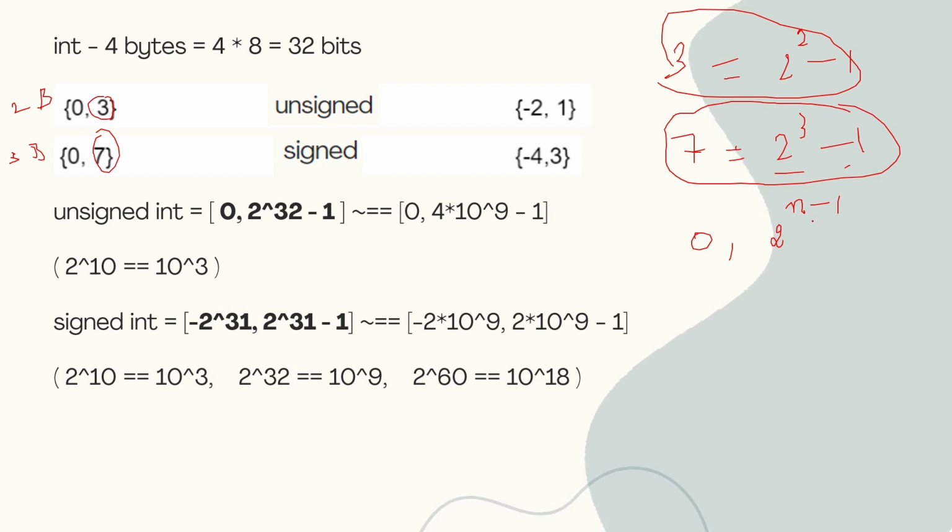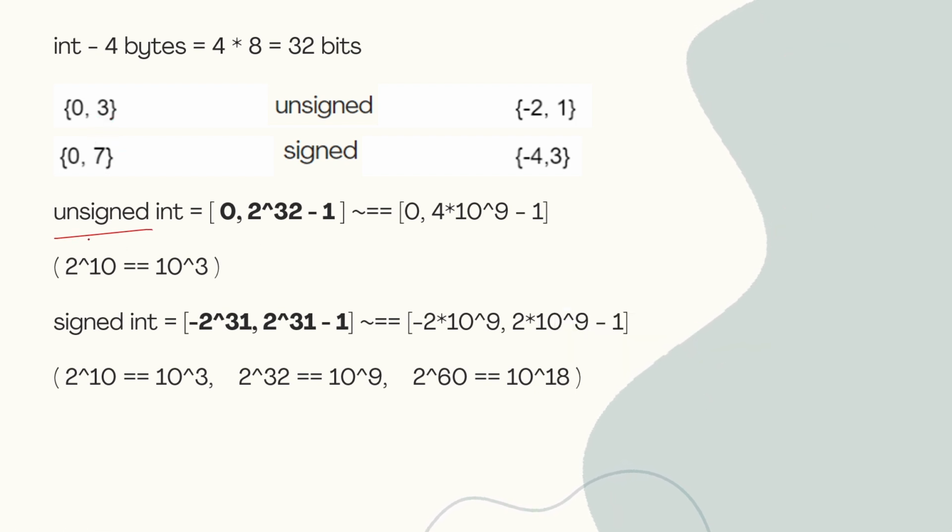So there is a formula that you're getting here. If you take an unsigned int, the range will be 0 comma 2 power 32 minus 1, since it is 32 bits.